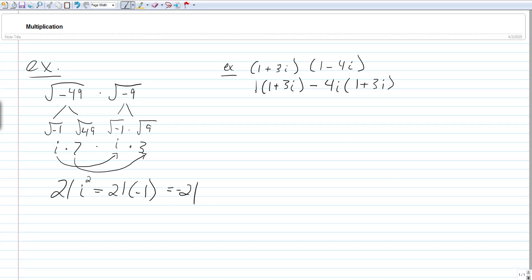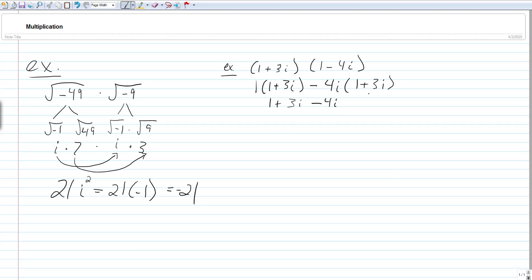And then distribute again. 1 times 1 plus 3i would just be 1 plus 3i. We can remove parentheses. And now you'd have to remove parentheses and distribute the negative, or minus 3i. So the 1 times the minus 3i is negative 3i here, minus 3i.